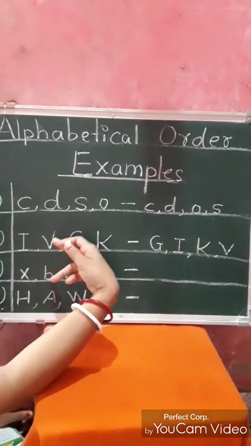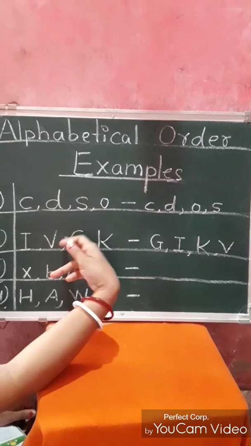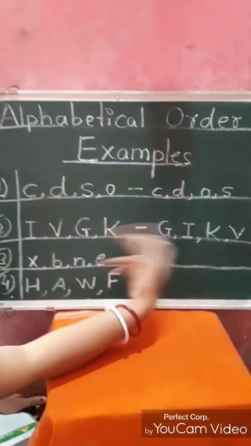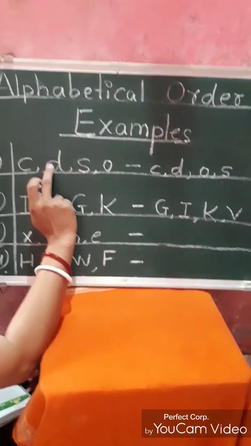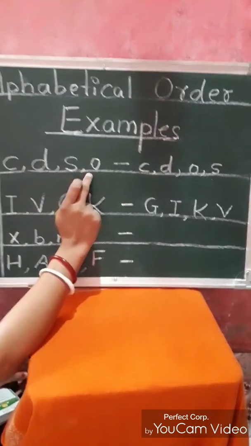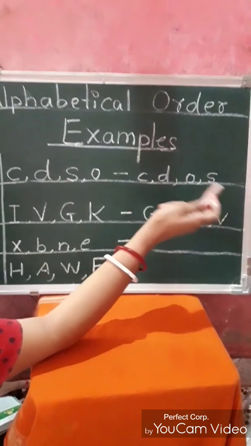If letters are in capital form on the left hand side, then on the right hand side they must be in capital form. If they are in a small form on the left hand side, then they must be in a small form on the right hand side.